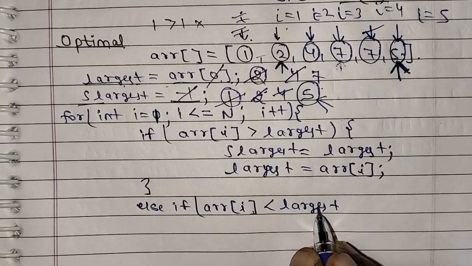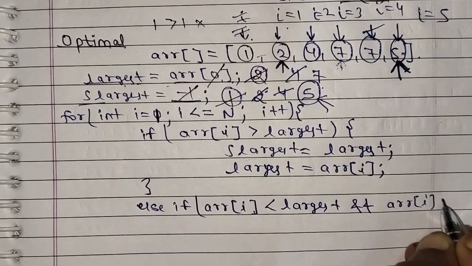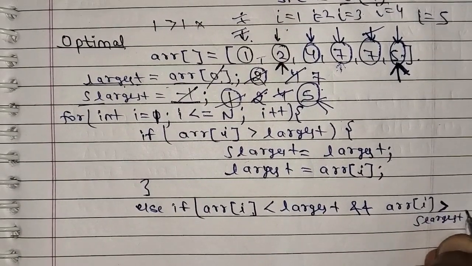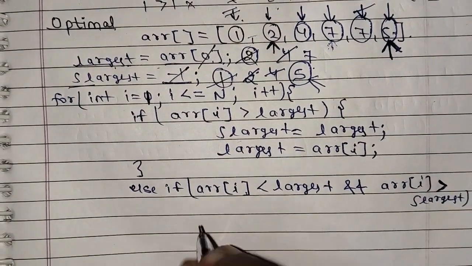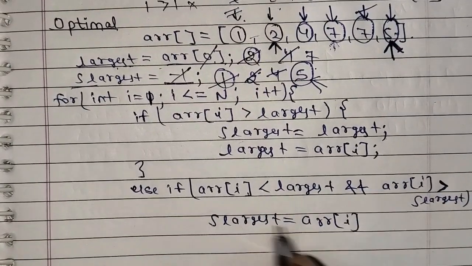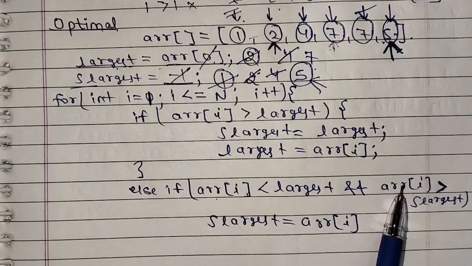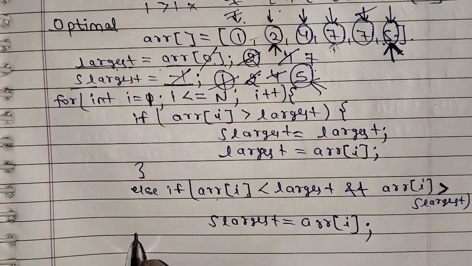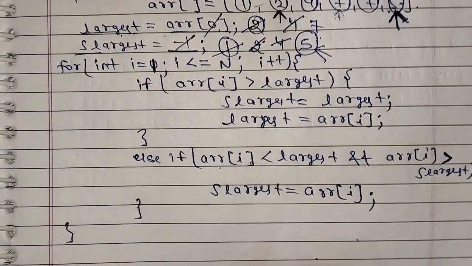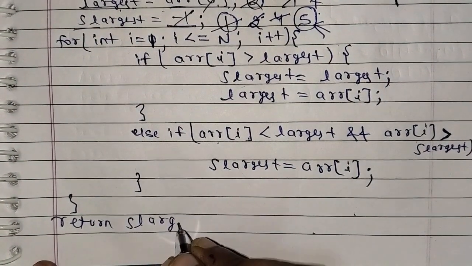If the current element is lesser than largest and ARR of I is greater than second largest, update second largest to ARR of I, because this element is lesser than largest and greater than second largest. Then return second largest.